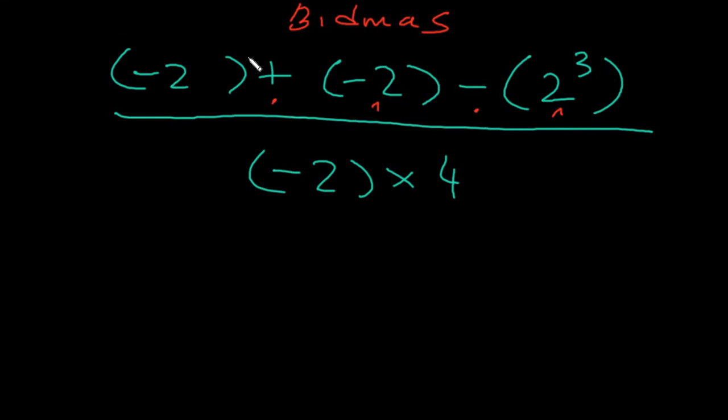So we're just going to calculate going from left to right. So we'll evaluate what's inside here first. This is going to be minus 2, and that's going to be plus. Now notice here that we are adding a negative number, which is the same as subtracting the complementary positive number. So that's just going to be minus 2, right?